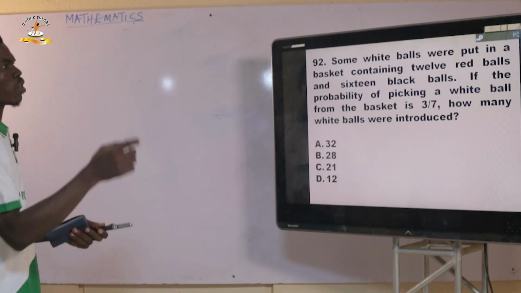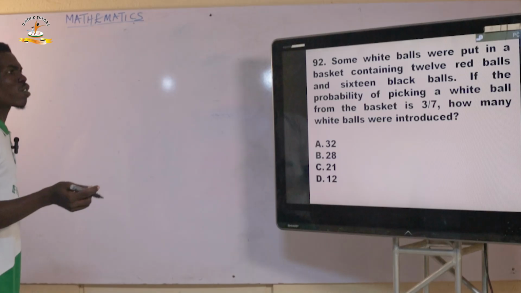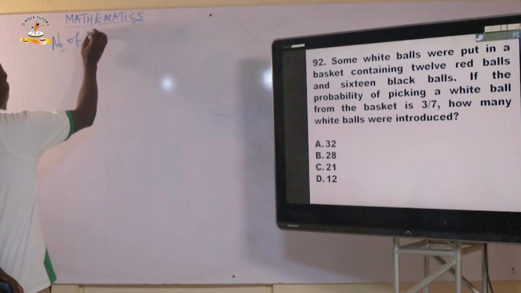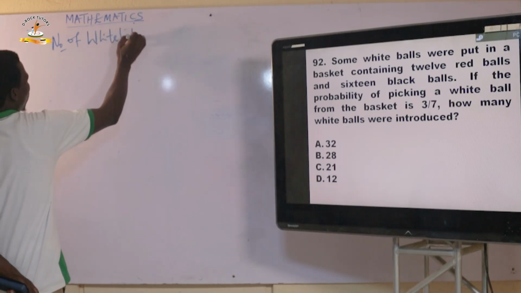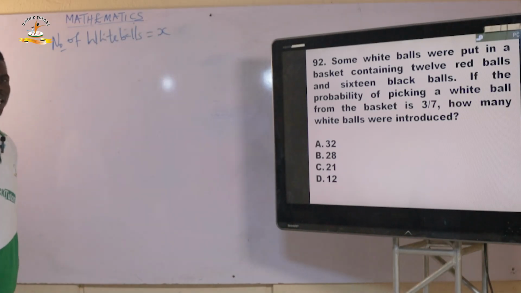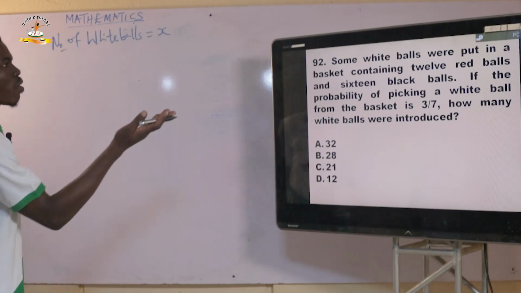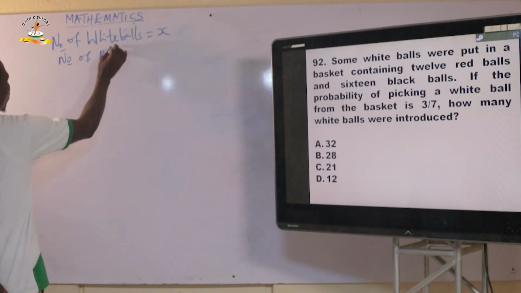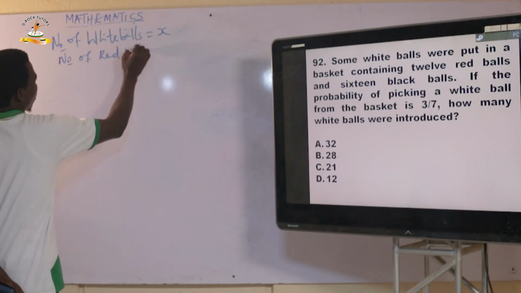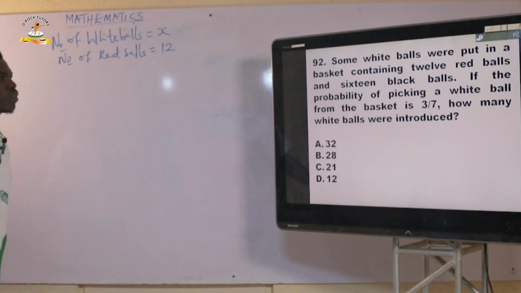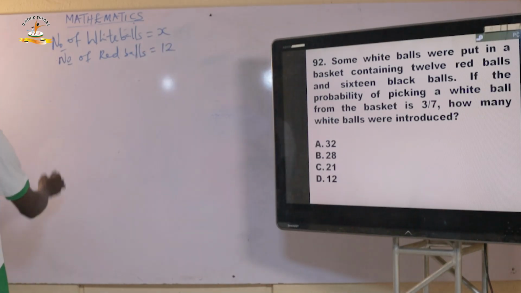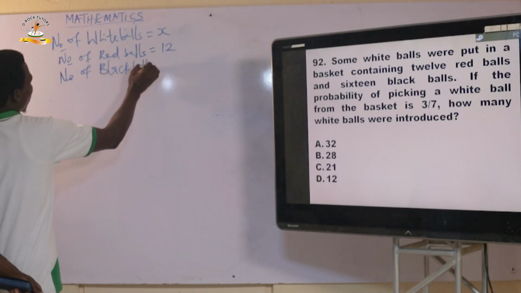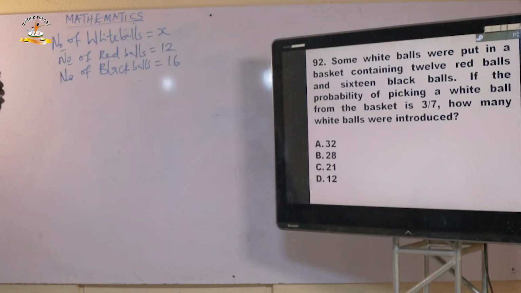So we have some white balls that were put in the basket. Let's call the number of white balls that were introduced X. It was already having 12 red balls, so the number of red balls is equal to 12, and 16 black balls, so the number of black balls is equal to 16.